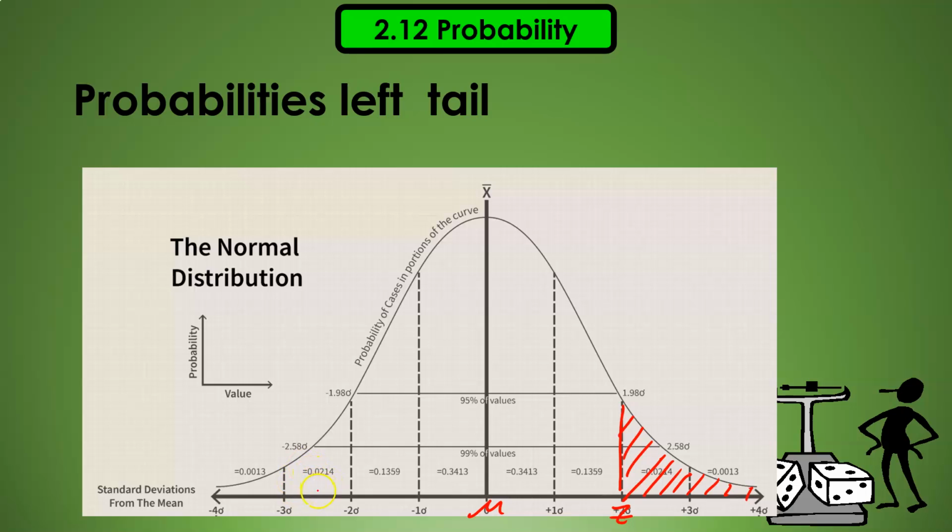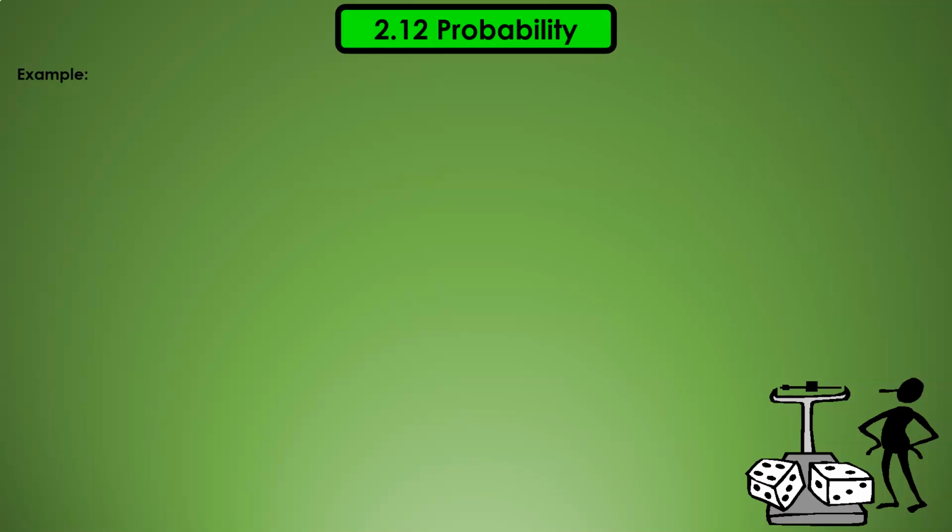The left tail is exactly the same, and we know from the last lesson that it's pretty much the same question as finding the right tail, because the normal distribution curve is symmetrical. So if these z's are the same value, except the one on the left is negative, they'll be the same answer. So let's take a look.